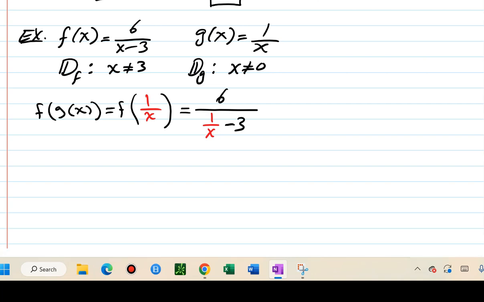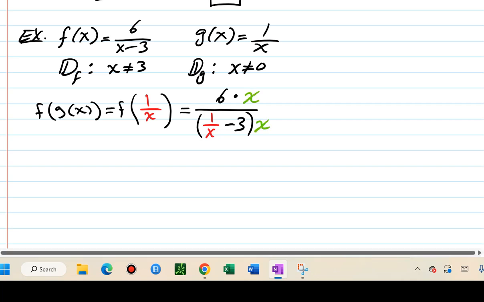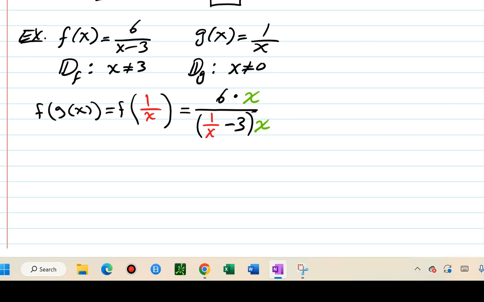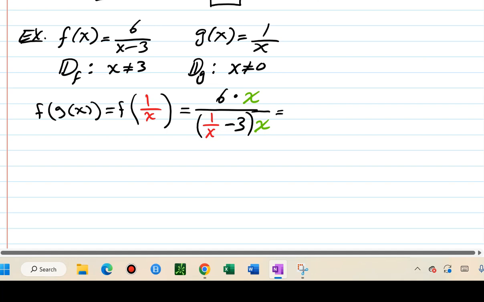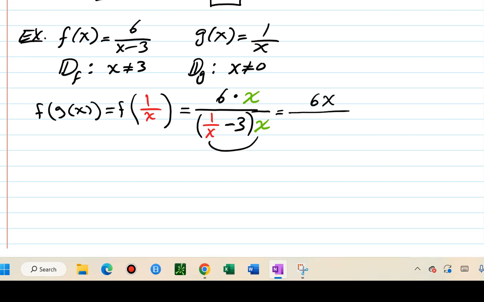This is again a complex fraction. We can simplify it by multiplying the top and the bottom by the LCD, just x. When we multiply top and bottom by x, we get 6x on top, and in the bottom, x times its reciprocal is 1, minus 3x. And there we have a rational function. So this is our composition. See how simple that was?